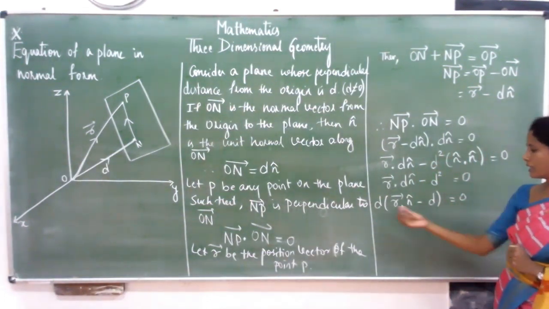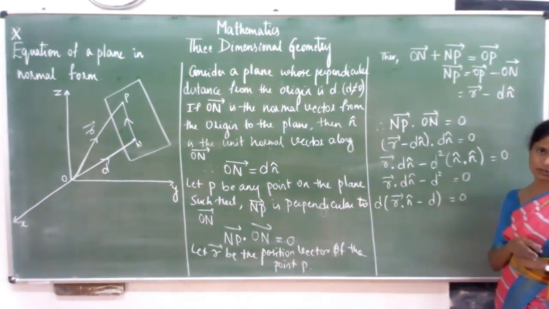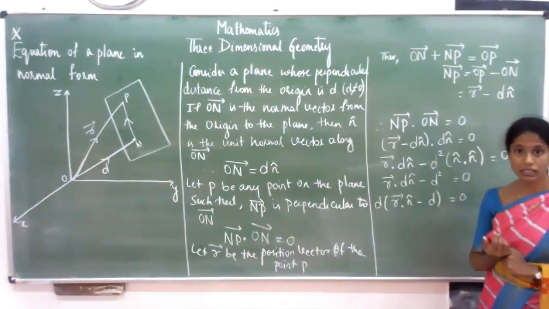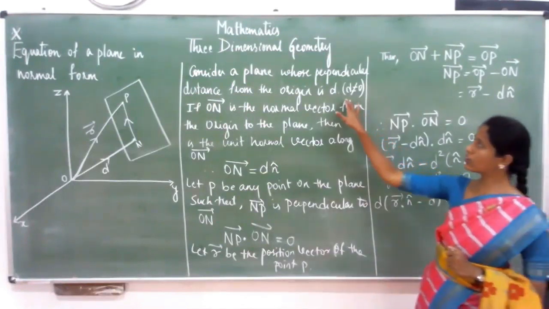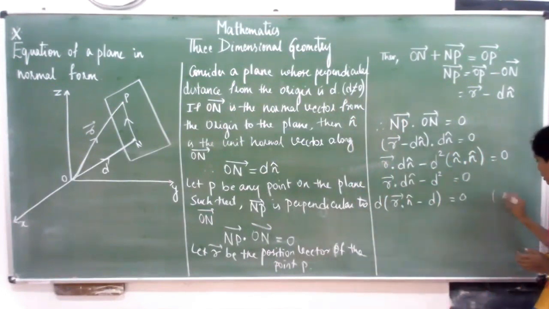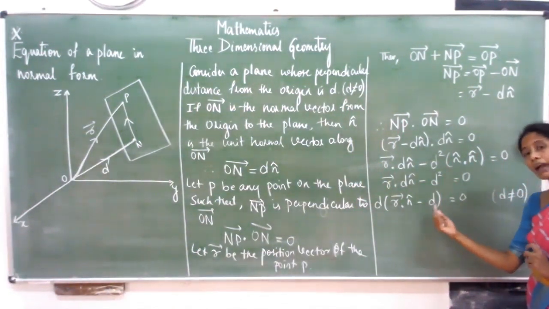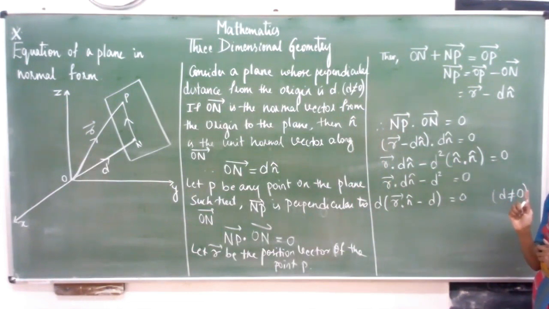Now we should equate D equal to 0 and R dot N cap minus D equal to 0. Can distance alone be equal to 0? No. Here also we are told that distance cannot be equal to 0. So D cannot be equal to 0. Therefore, only vector R dot N cap minus D will be equal to 0.